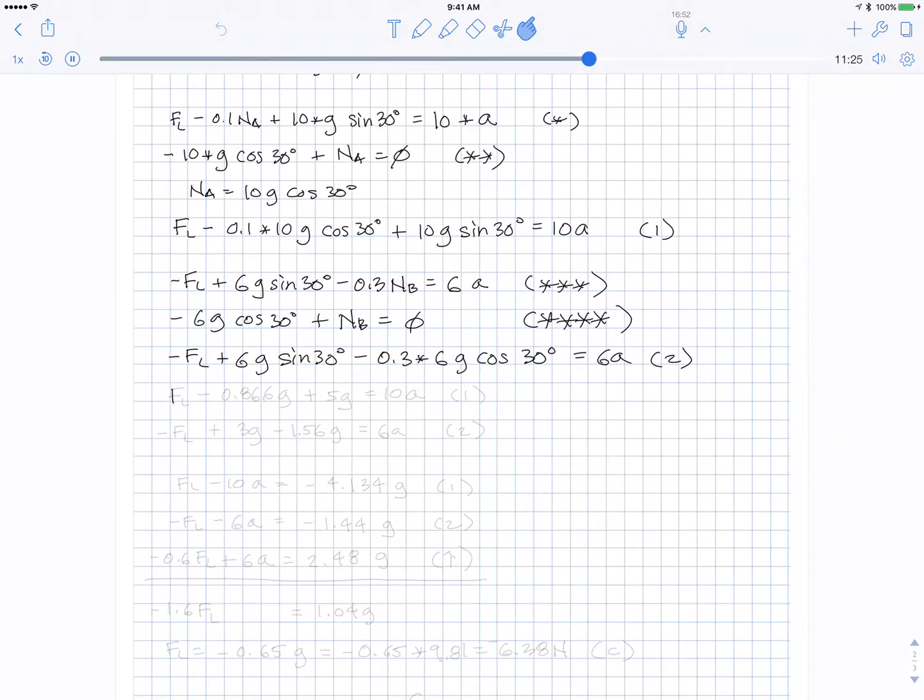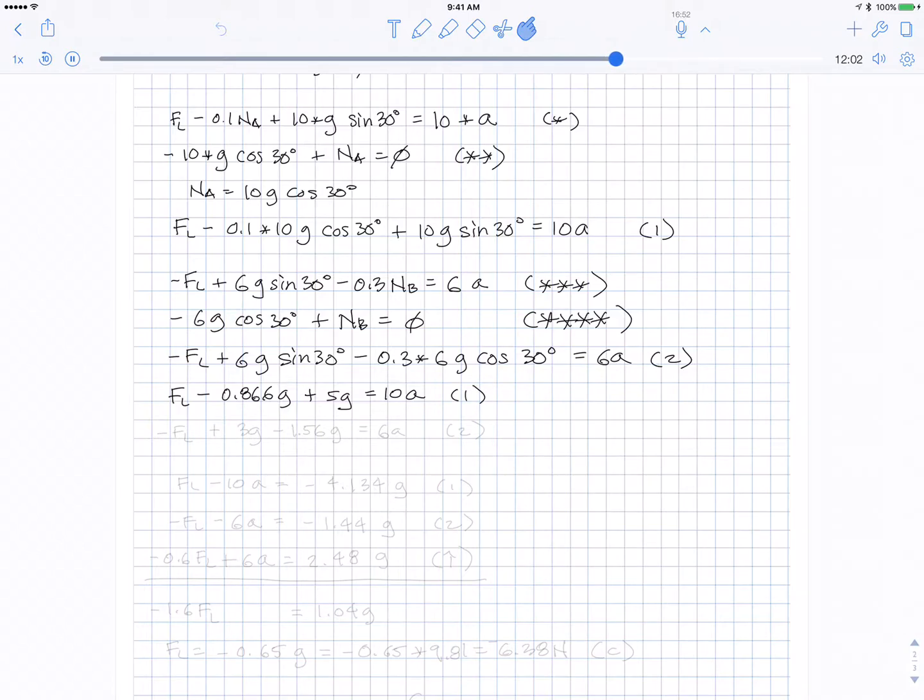So I've got FL minus 0.1 times 10 cosine 30 degrees, so that's 0.866G, plus 10G sine 30, that's 5G, equals 10A.